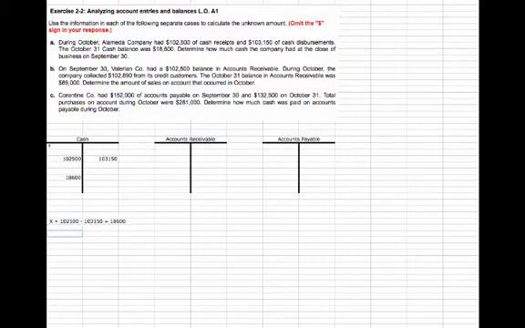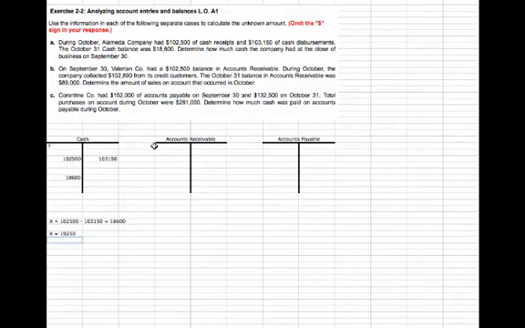If I solve for that, my X is going to equal $19,250. So this value ends up being the amount of the beginning cash balance.